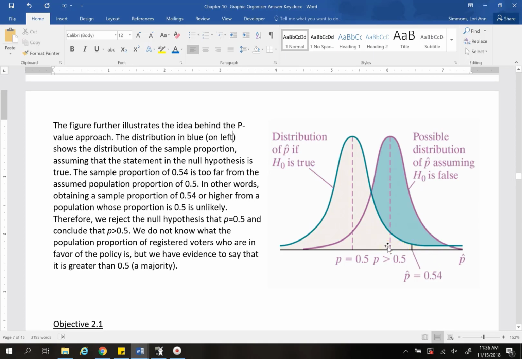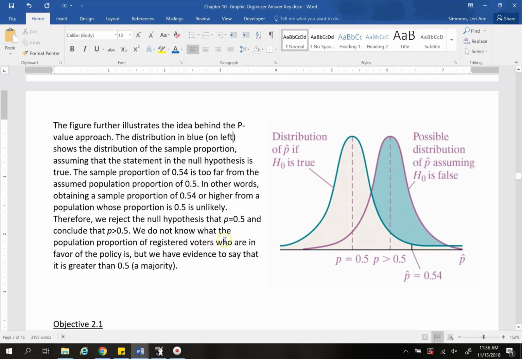In other words, obtaining a sample proportion of 0.54 or higher from a population whose proportion is 0.5 is unlikely. Therefore, we reject the null hypothesis that p equals 0.5 and conclude that p is greater than 0.5.